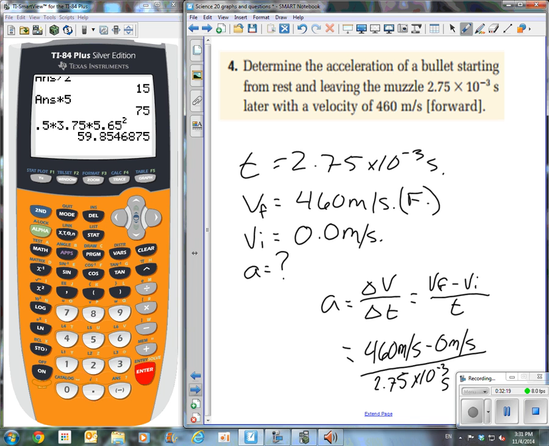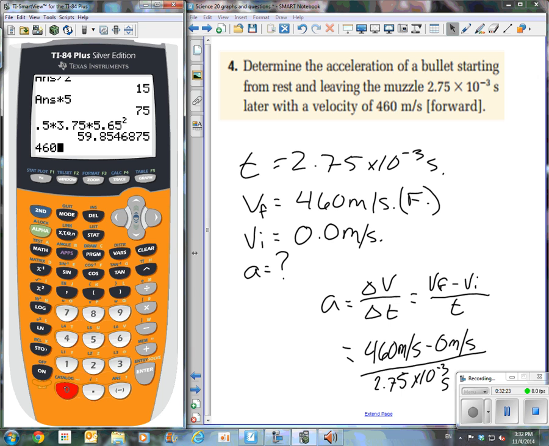So when I go to put this in my calculator, I can just do 460. I don't have to do the minus 0 because that still keeps it 460. Divided by bracket, so 2.75 times 10 to the exponent negative 3. Oh, sorry, I should delete that. Take my bracket down. Okay, and enter.